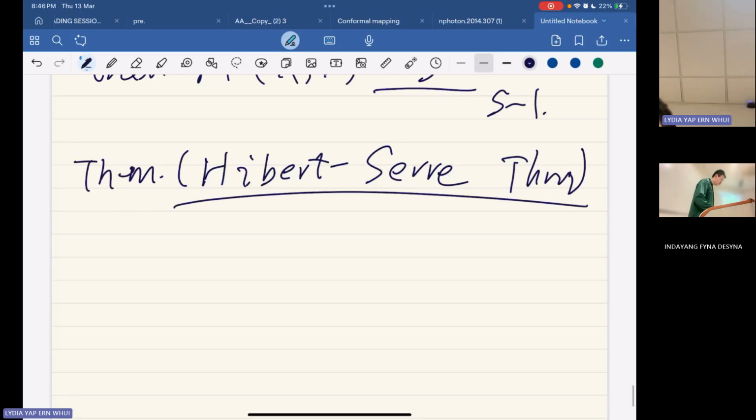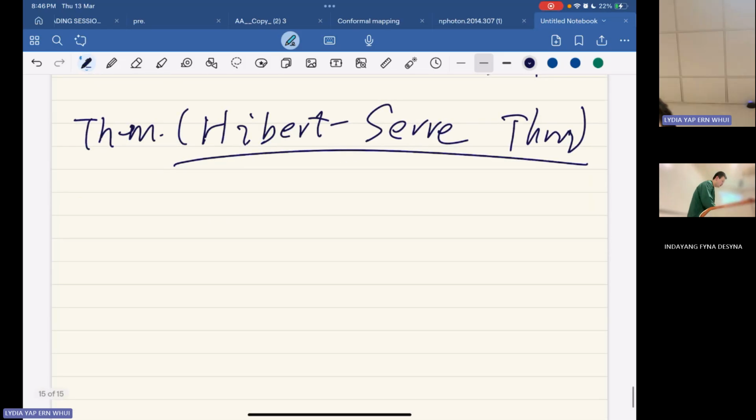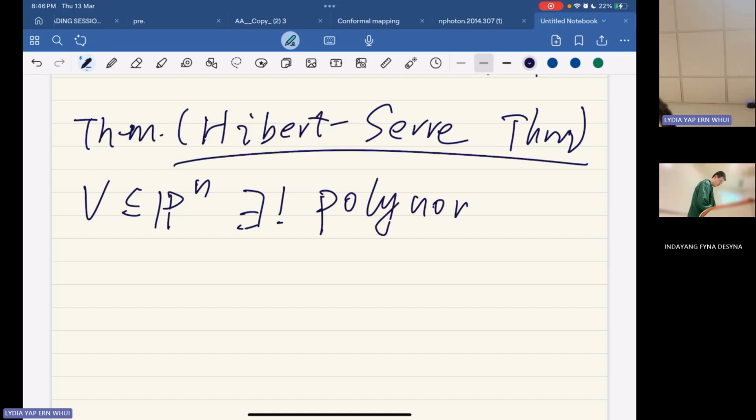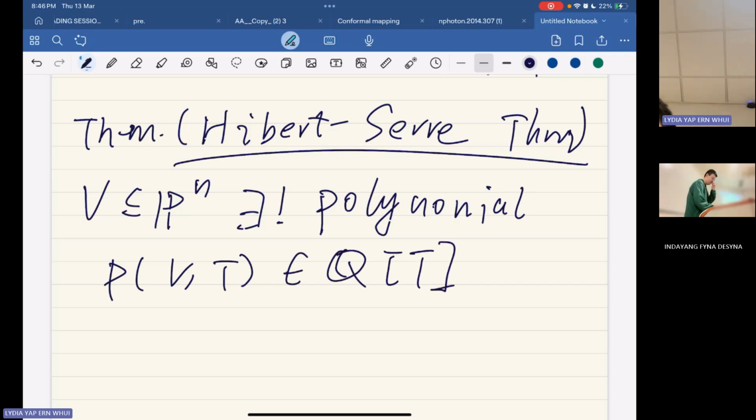So you can call it this here, and it says that if V is a projective variety in Pn, then there is a unique polynomial P_V(t) which lives in Q[t]. Actually, I think I can also write it with V here. I'm not very sure about this.